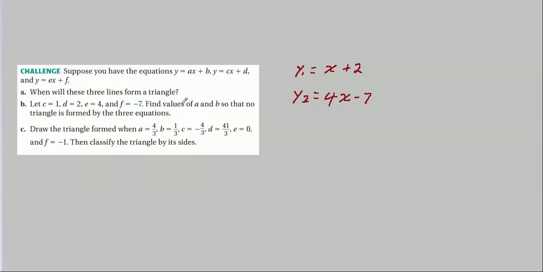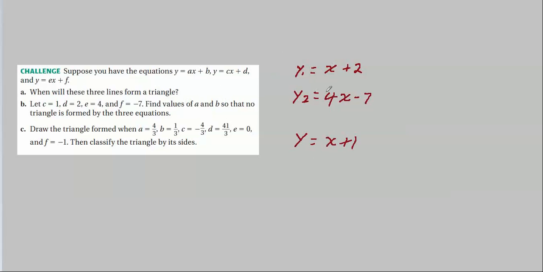But from a previous problem, we know that if any two of the sides are parallel, we don't have a triangle. So all we have to do is produce an equation parallel to this. For instance, suppose our line was x plus 1.